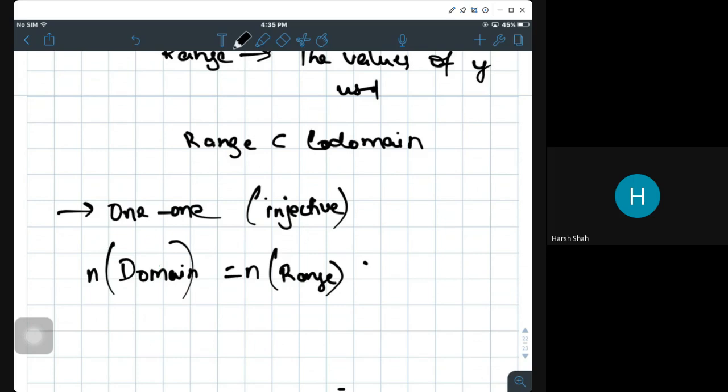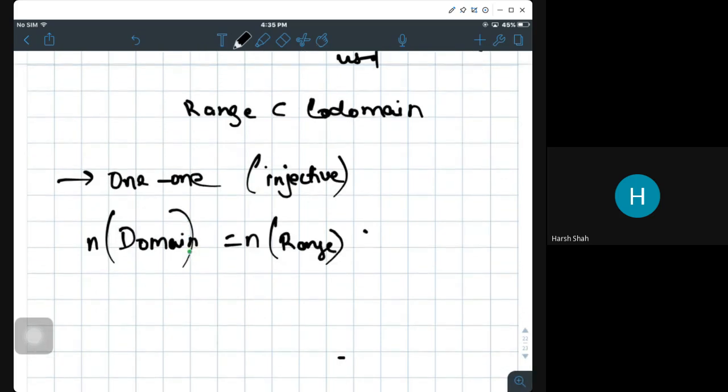Whoever it was, one input, one output is for a function, but this is a unique output for each input. Then we have the onto function. What is an onto function?